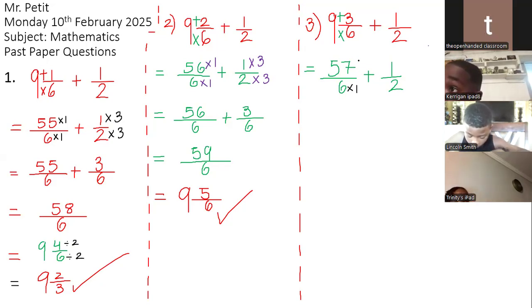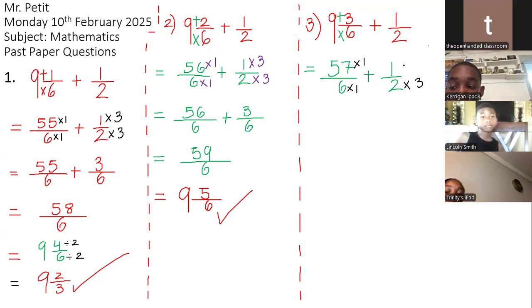Whatever we do to the bottom, we must do to the top. And then what times 2 is 6? 3, very good.